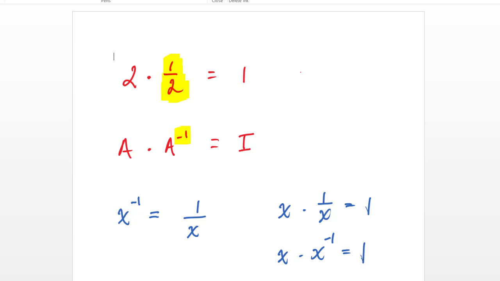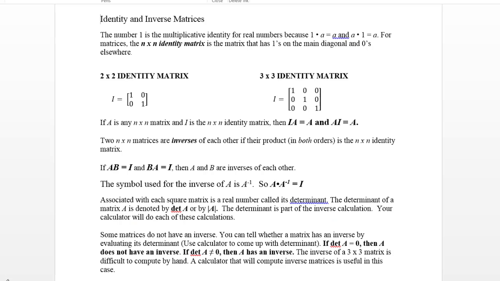Okay, so let's go back to the notes. Now we can see that we have the identity matrix and the inverse matrix. This has to take place in a square matrix, 2 by 2, 3 by 3, 4 by 4, and so on. And of course, with our multiplication rules, we have to make sure our rows and columns match up.